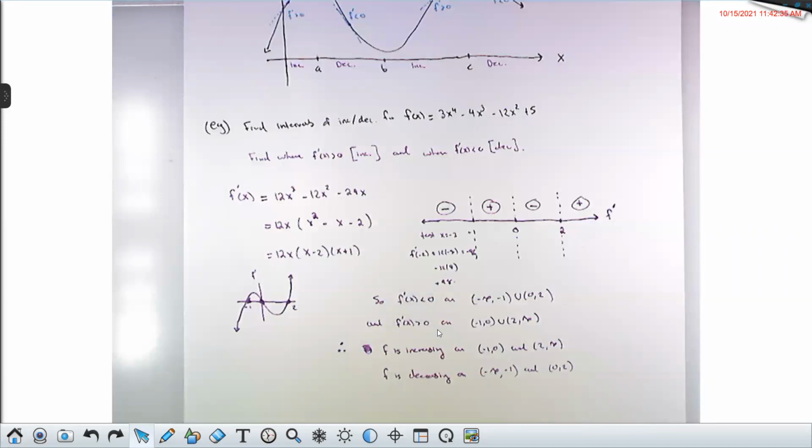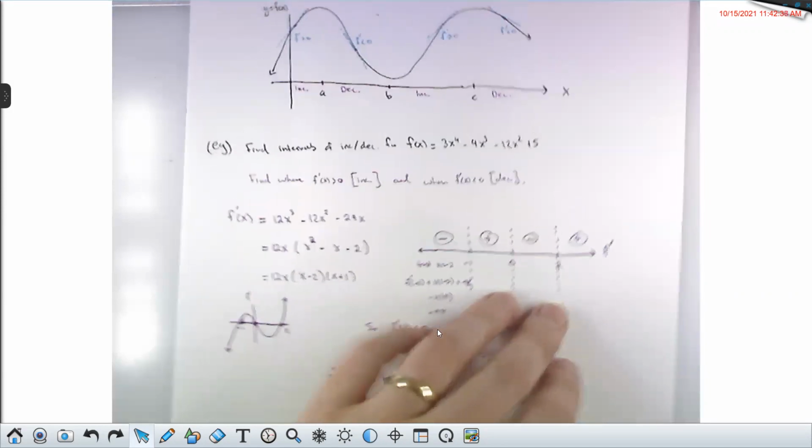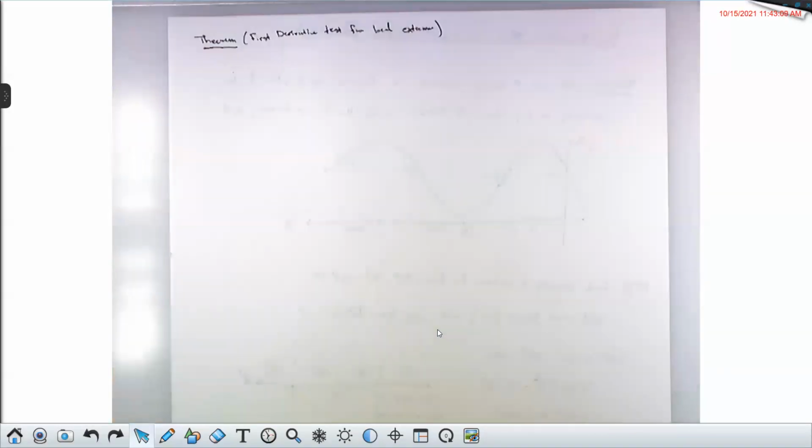All right. This brings us to the first derivative test. So this is the theorem for local extrema. Remember, local means the same thing as relative.